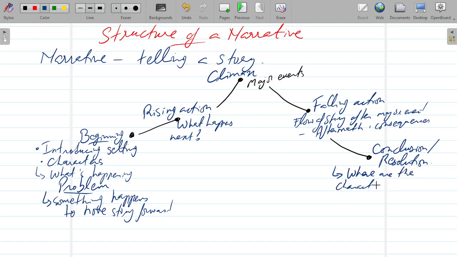And by where, I don't mean just the physical location, right? What's happened to them with regard to all of this, right? Was something achieved? Was it a happy ending? It doesn't have to be a happy ending, right? The hero doesn't always have to win. So, how did things end up?